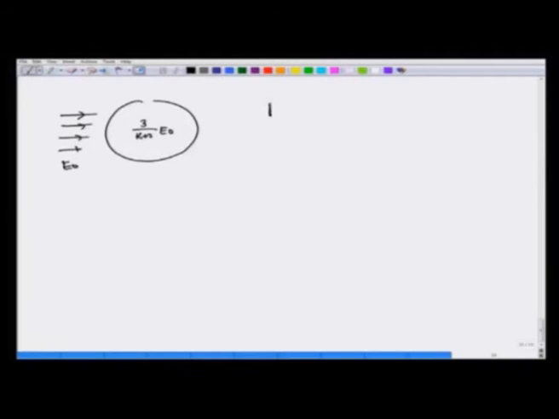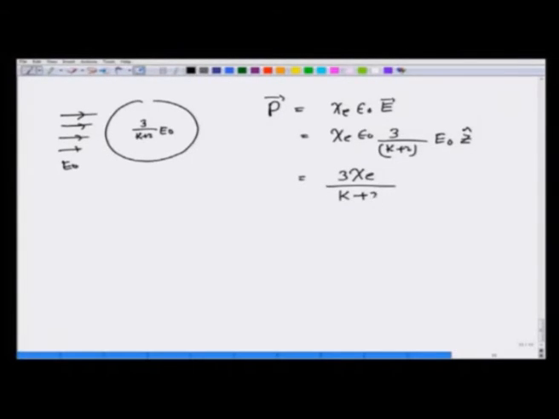What about the polarization inside? Polarization will be equal to chi e epsilon 0 E at that point, and therefore, this is going to be chi e epsilon 0 times 3 over k plus 2 E 0 z, which is 3 chi e over k plus 2 epsilon 0 E 0 z.